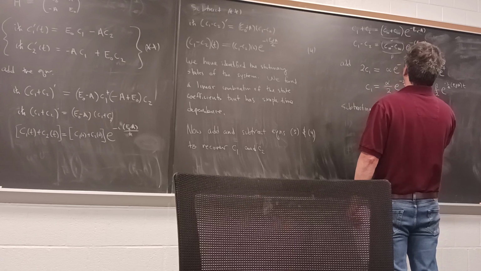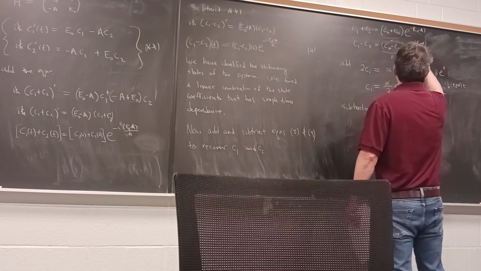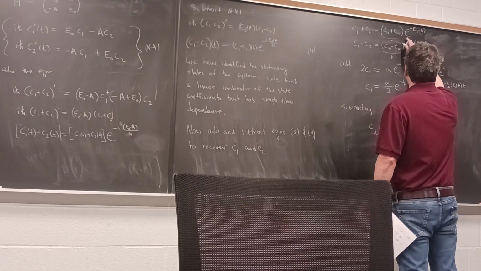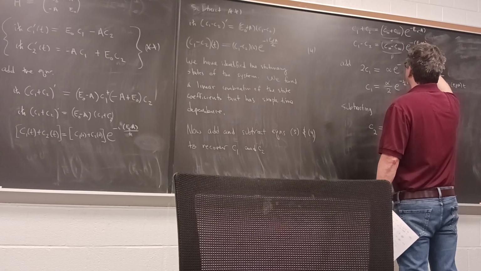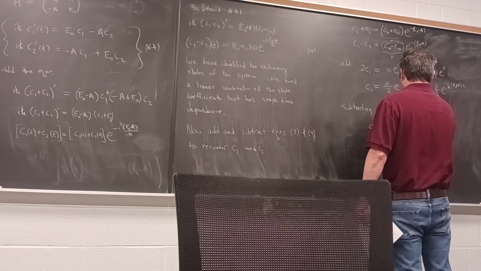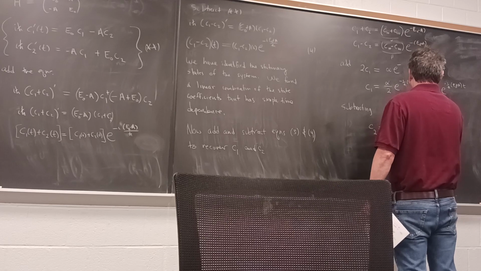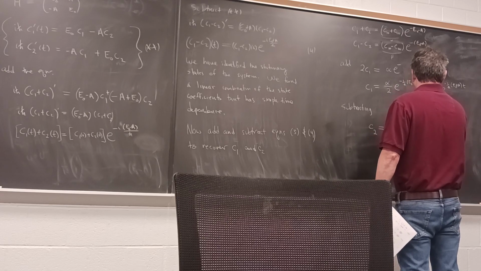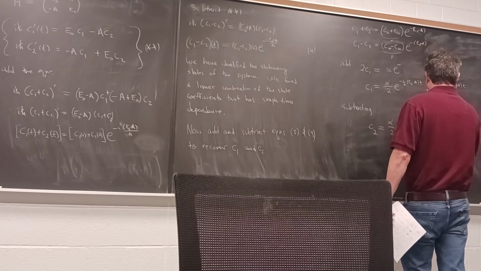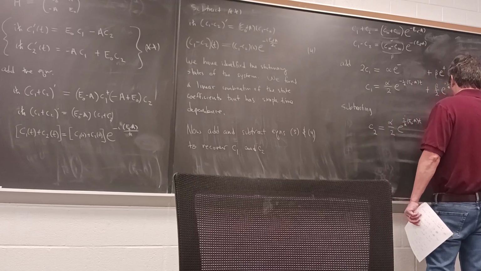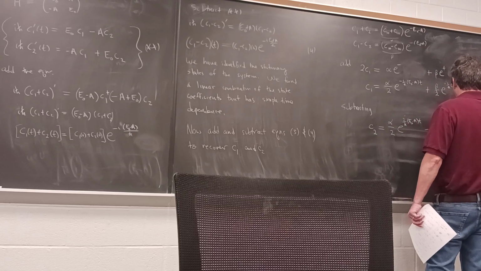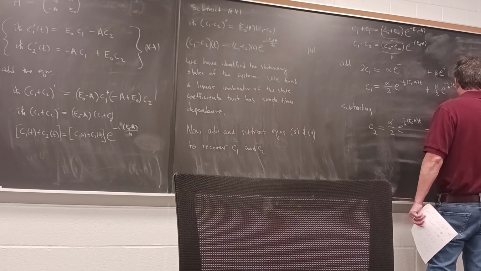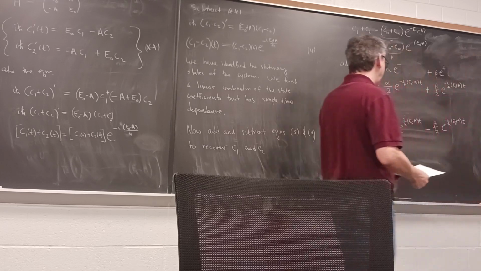If I subtract the bottom one from the top, then I'll have alpha over two times this minus this stuff. So I'll have alpha over two e to the i over h bar (E0 minus A) t minus beta over two e to the minus i over h bar (E0 plus A) t. Okay?